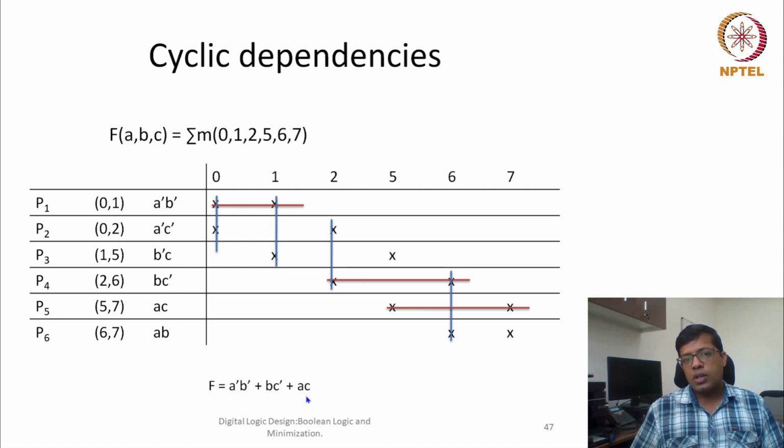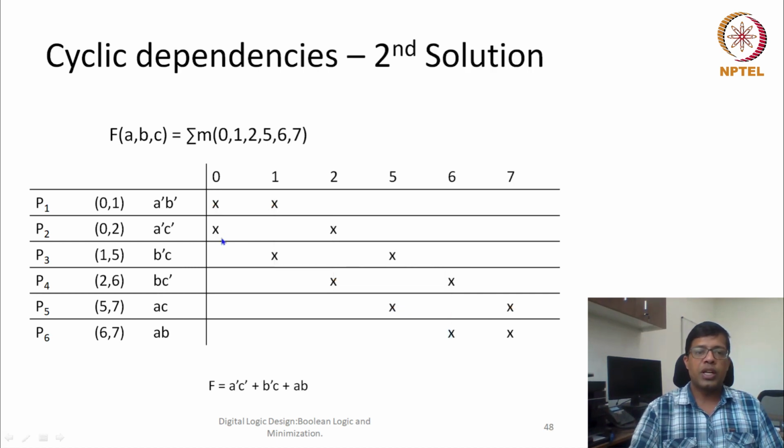Again, for the same problem, let's look at the other solution. Let's say for the 0th min term, instead of selecting P1, if I select P2, what would happen? So in this case, I selected P2 for covering my min term 0. If I select P2, that means I have to remove these two min terms 0 and 2 from the table. If I remove 0 and 2, the remaining min terms are 1, 5, 6 and 7.